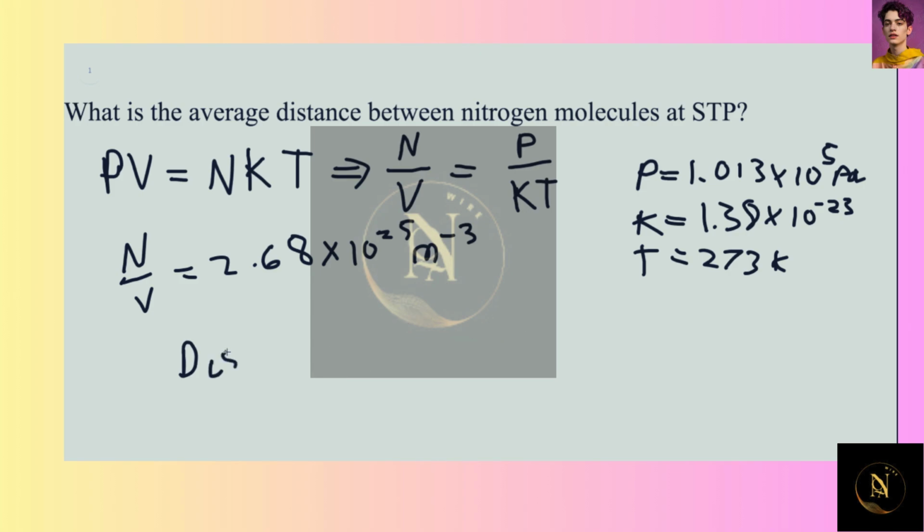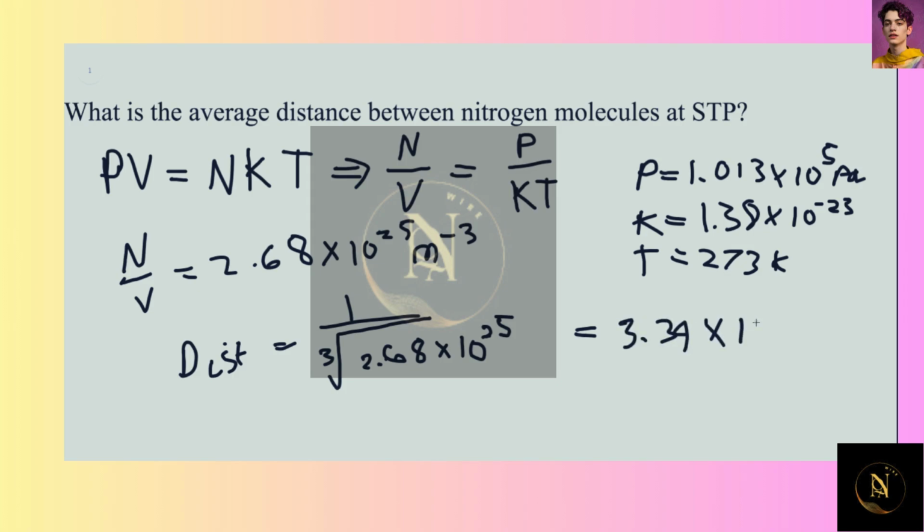Dist is equal to 1 divided by the cubic root of 2.68 times 10 to the 25, which gives us 3.34 times 10 to the minus 9 meters per molecule.